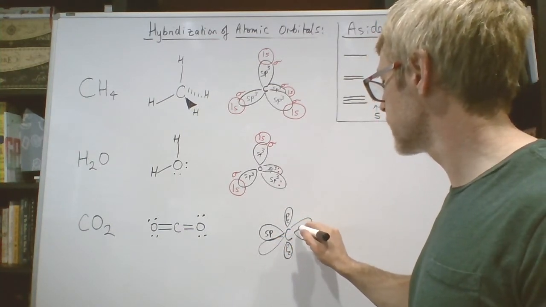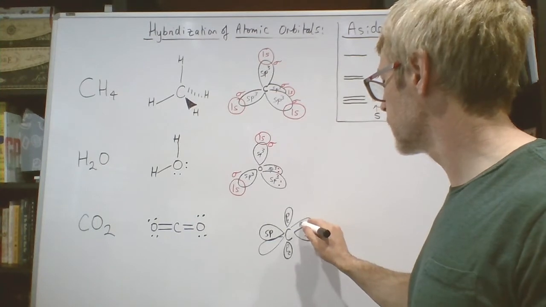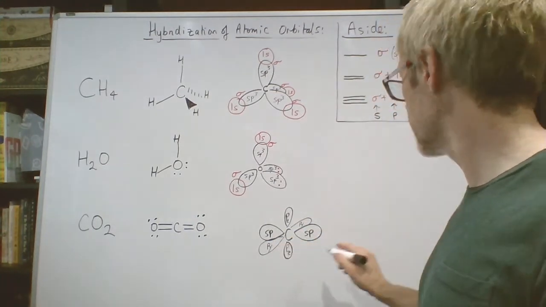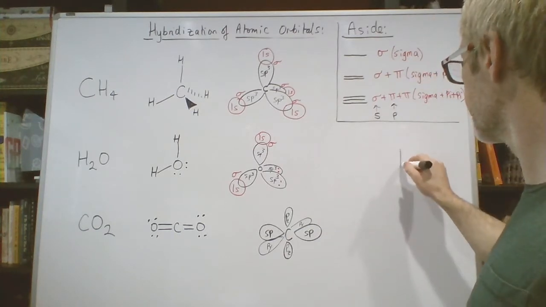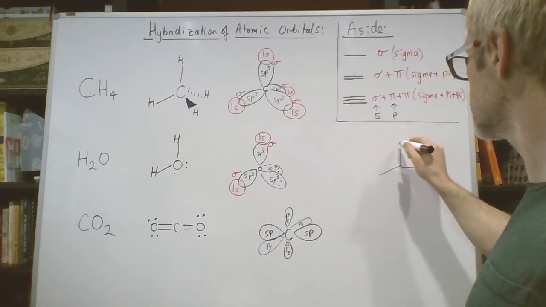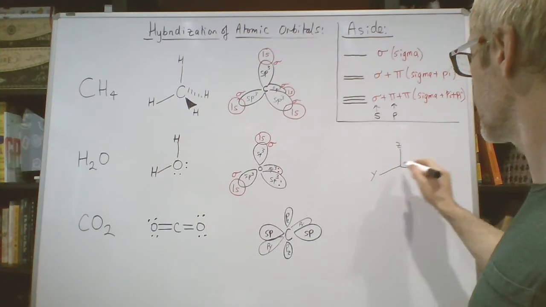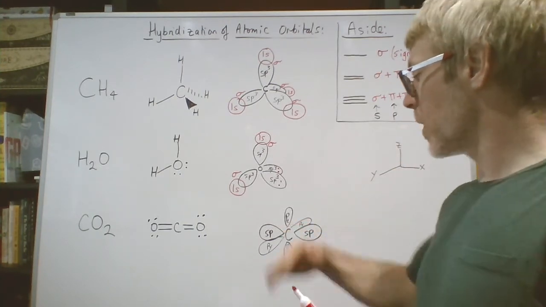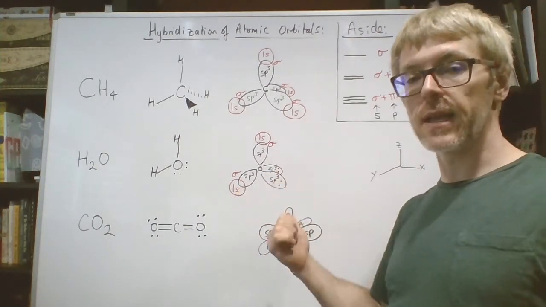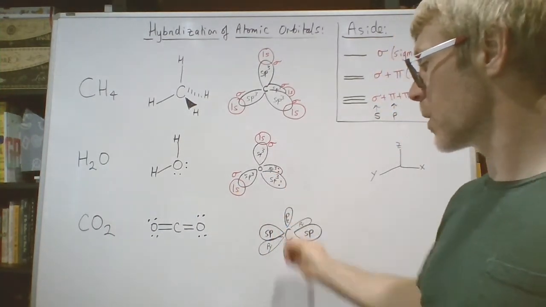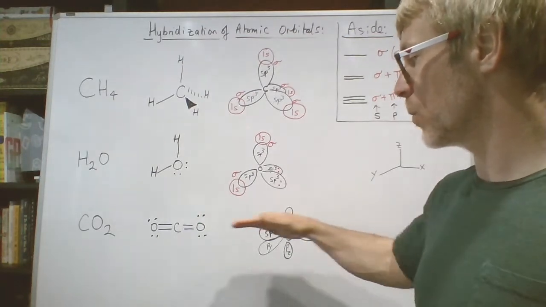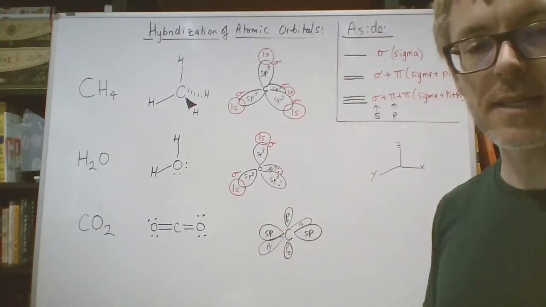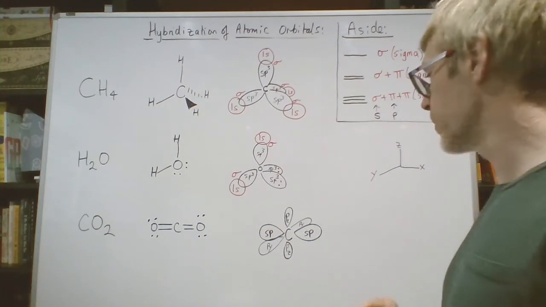We'll call this py. So here I'm taking the three Cartesian axes to be z, y, and x. The py is literally coming out of the board and into the board. The pz is going up and down, and my hybrids are going in the x direction. So again, it gets kind of tricky to draw with a marker and a whiteboard.